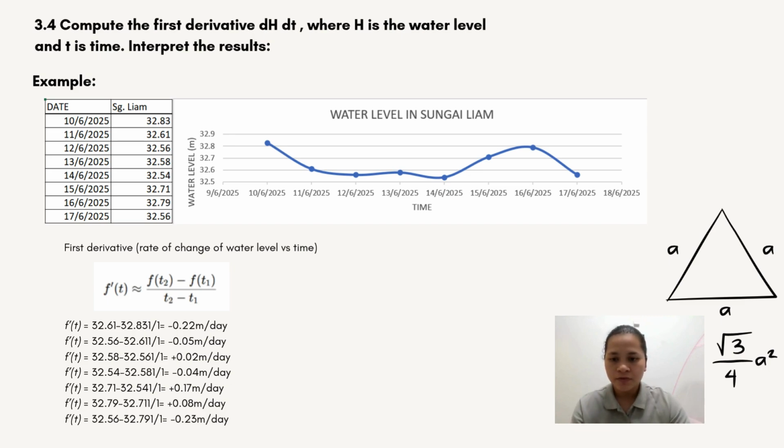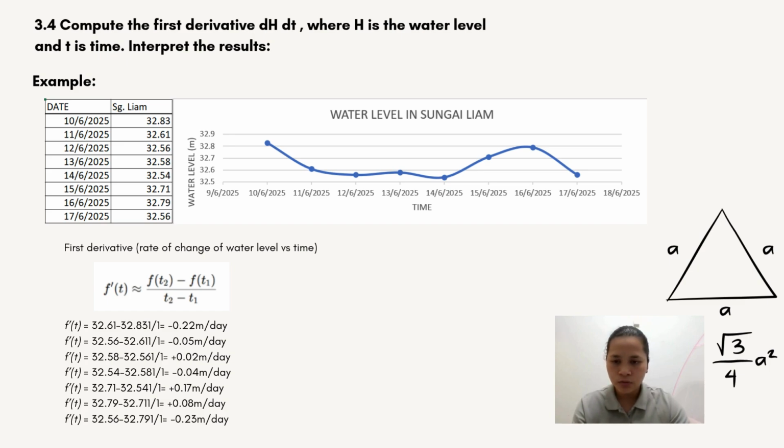The first step is the first derivative, the rate of change of water level versus time. The formula is already given.